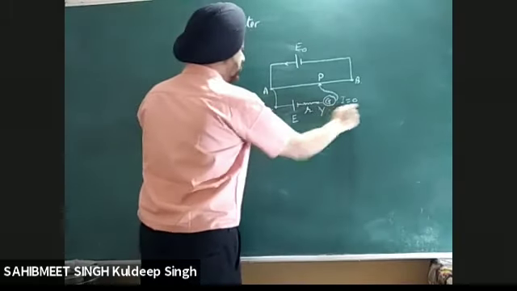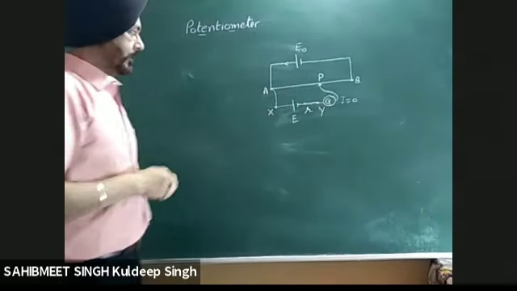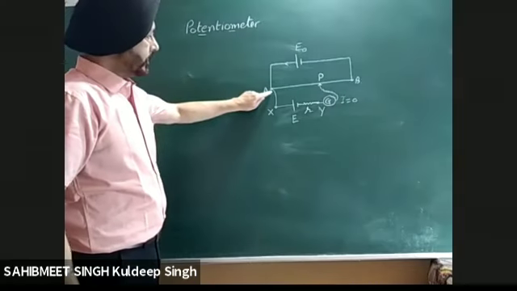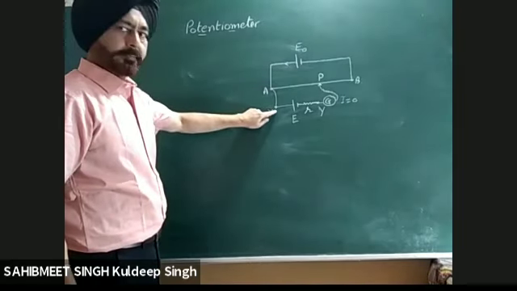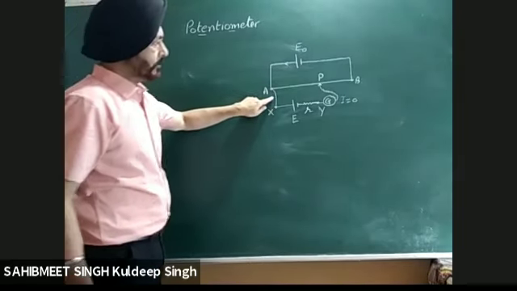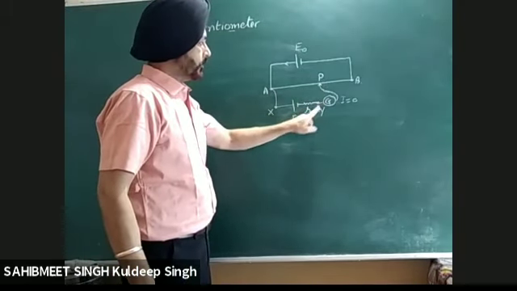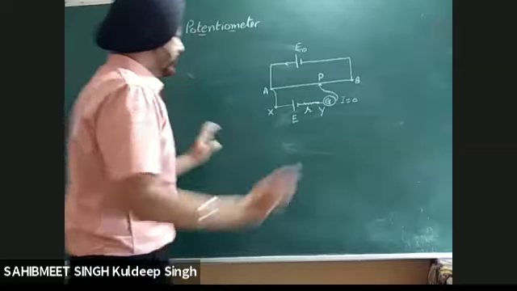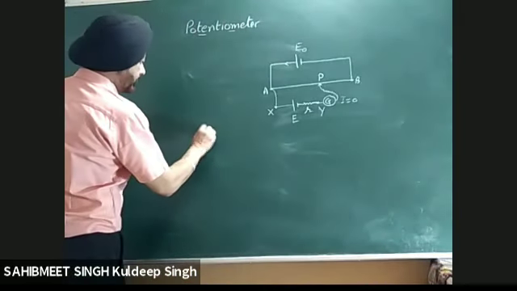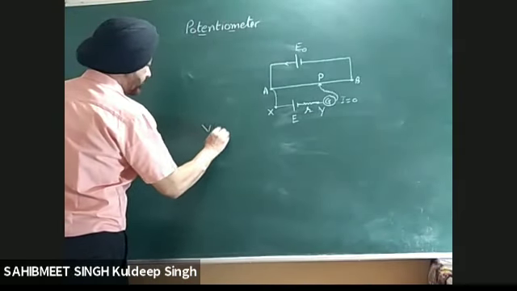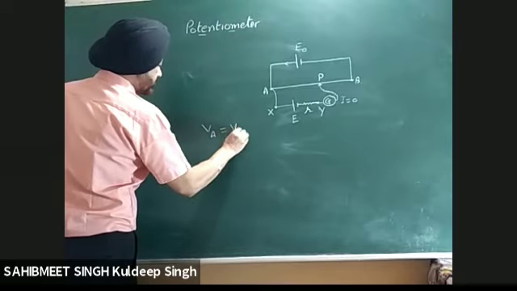When there is no current in the circuit, the potential at A and X is the same because there is no current. Similarly, potential at P and Y is also the same because there is no current. As a result, I will say VA is equal to Vx.